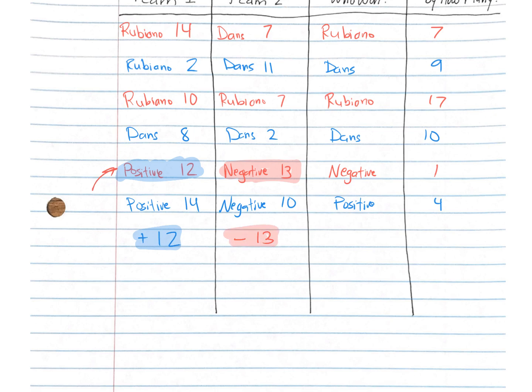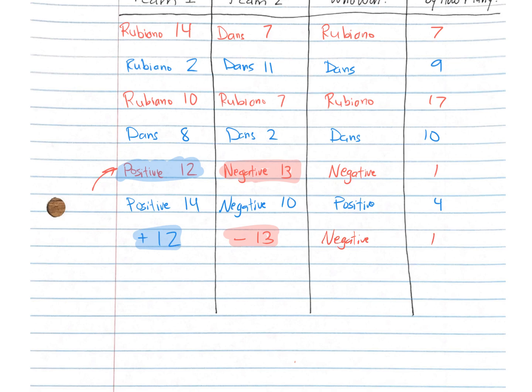So I'm going to write it with math symbols, instead of writing the word out, because that's how we see it. So if I see this, well, who scored more points? Well, the negative team scored more points. But by 1.